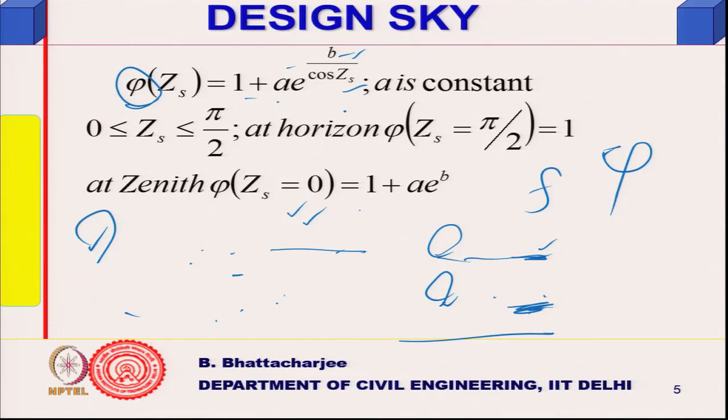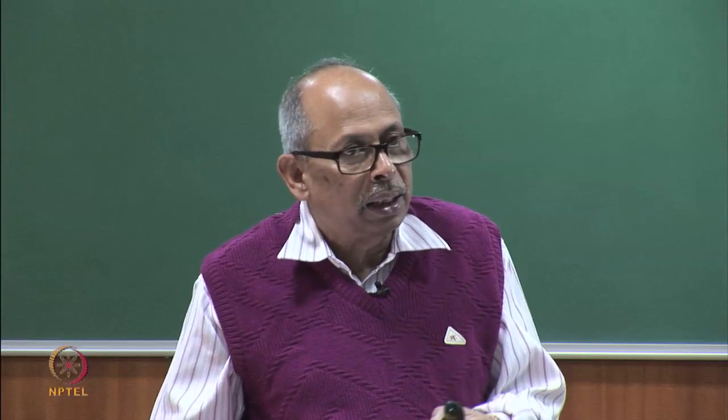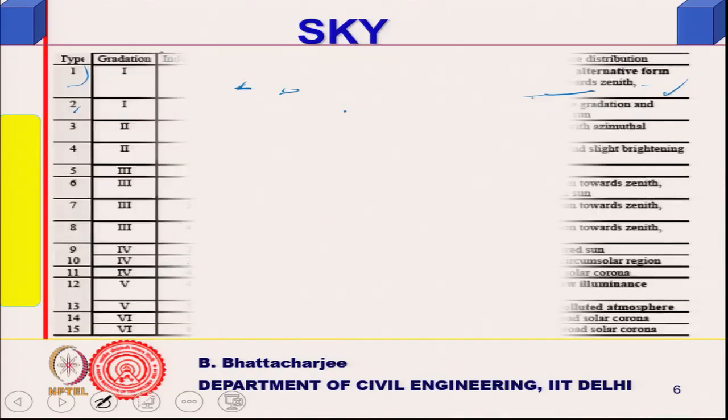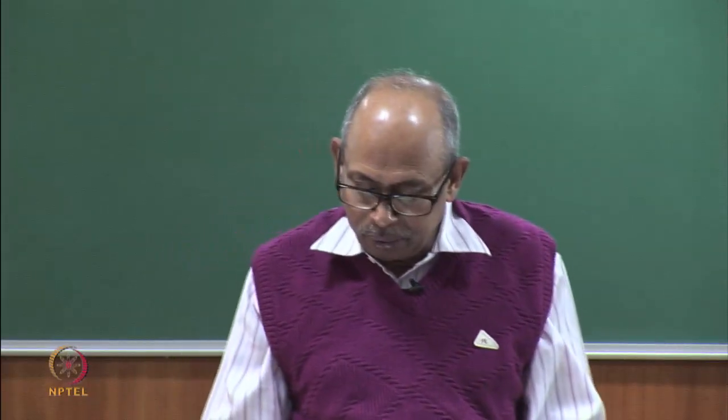So, it is maximum at the zenith and gradually decreases. In fact, that is what we are saying: stiff luminance gradation towards zenith, azimuthal uniformity, because it is not varying with the azimuth, therefore those two terms are equal to 0.